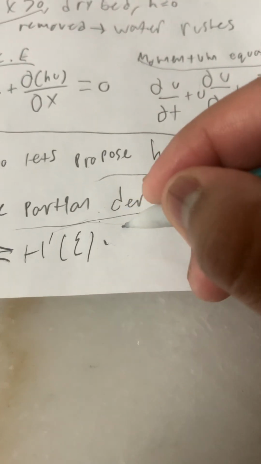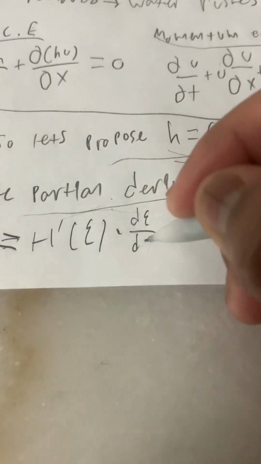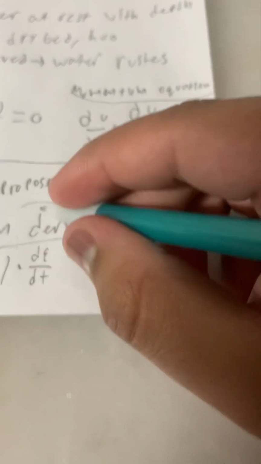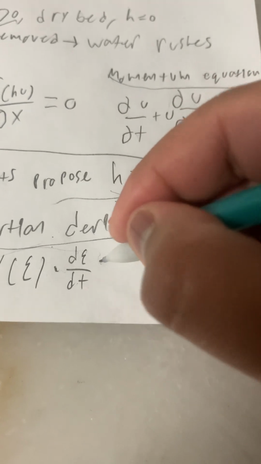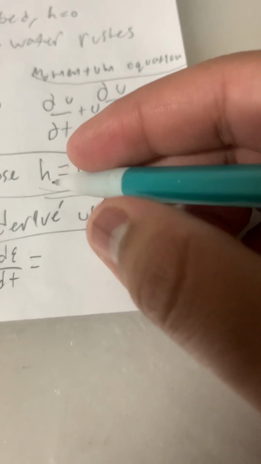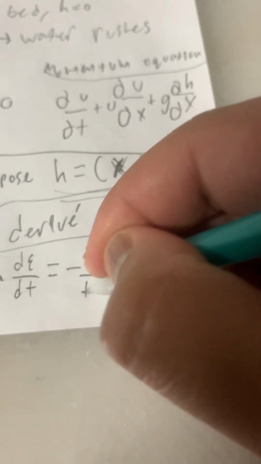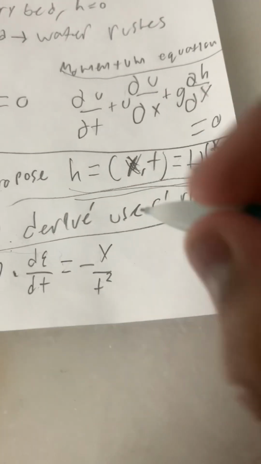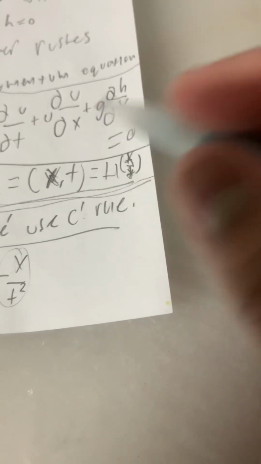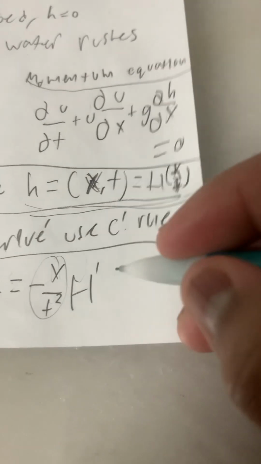Equals xi times, I hate putting the little dot there for times. Anyway, the derivative of xi with respect to t equals negative x over t squared. Don't ask me about this, I cannot answer fully since I am not a professional.